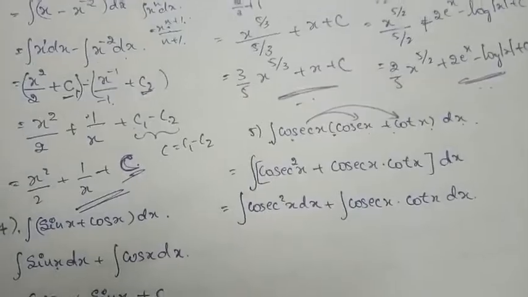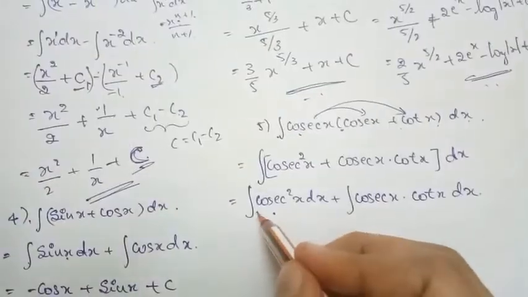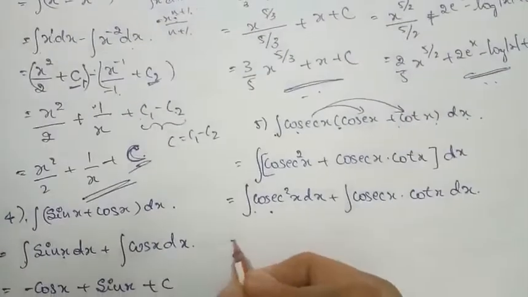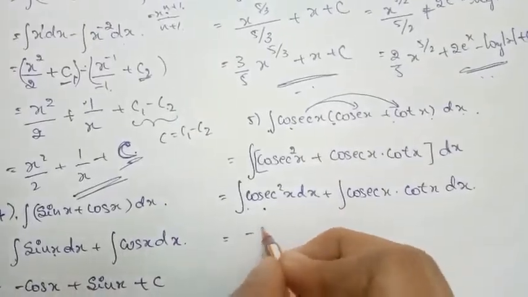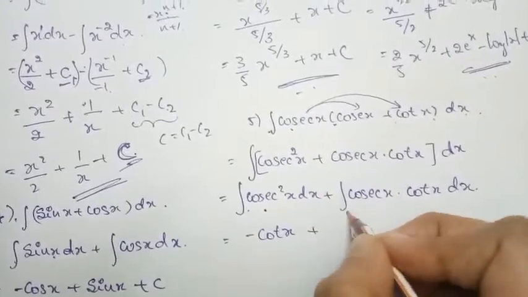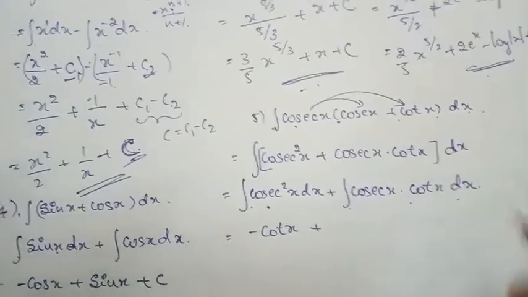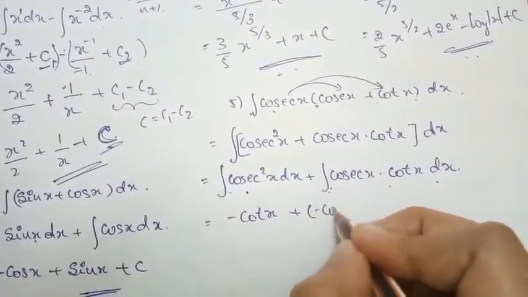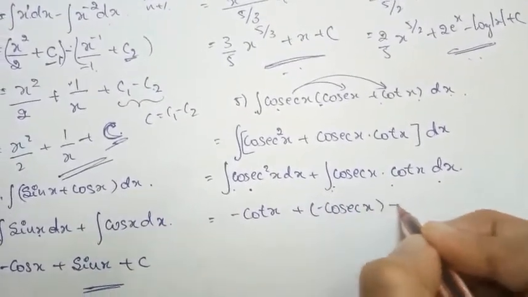Now what is the integral of cosecant square x dx? It is nothing but minus cot x, plus integration of cosecant x into cot x dx. The integral of this one is nothing but minus cosecant x plus c.